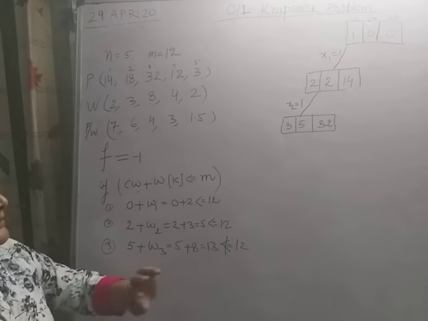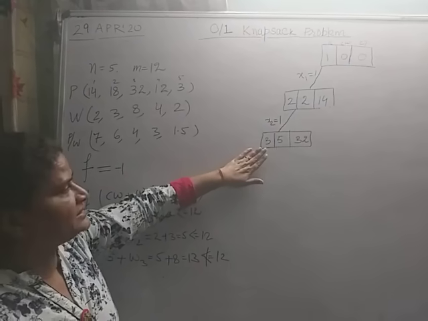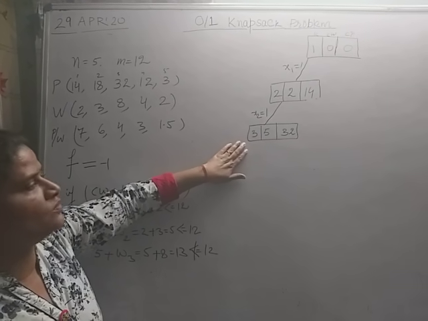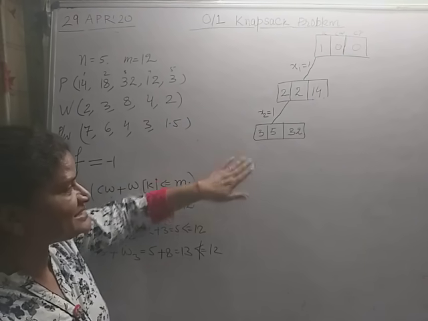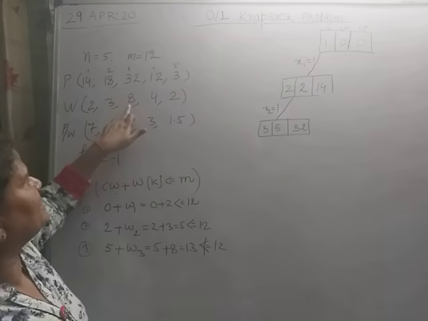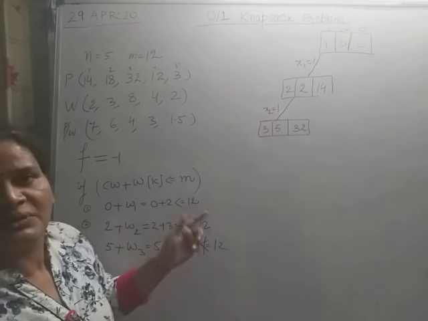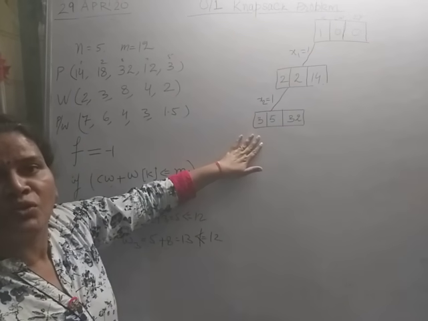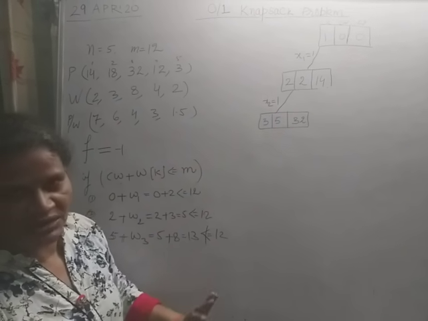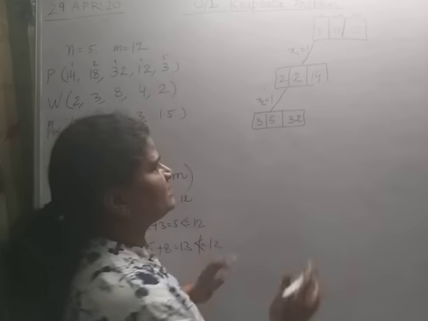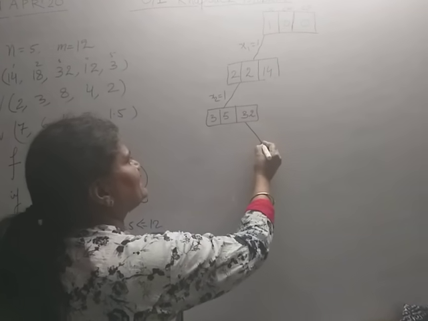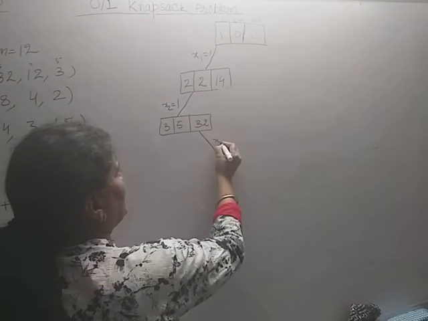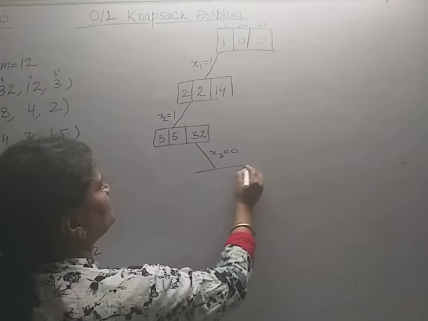So at this point, with x2 equal to 1, x3 cannot be included into the knapsack. So here there is no left recursive call. Now we just consider x3 equal to 0.